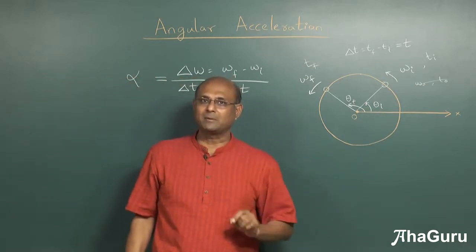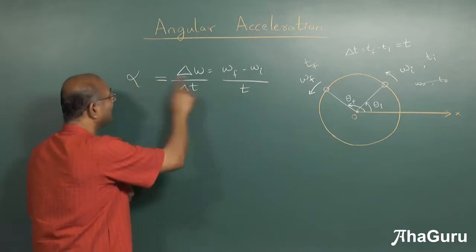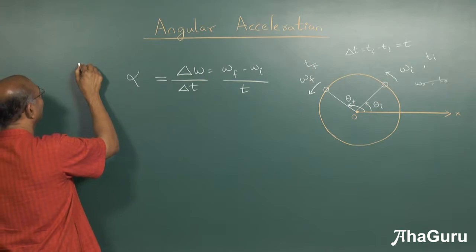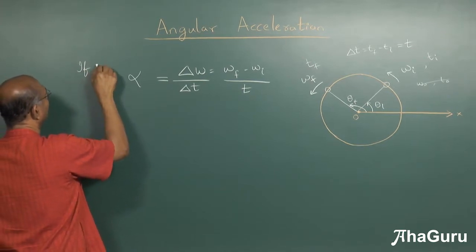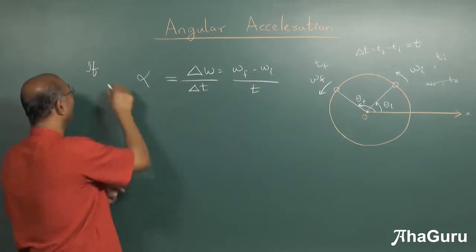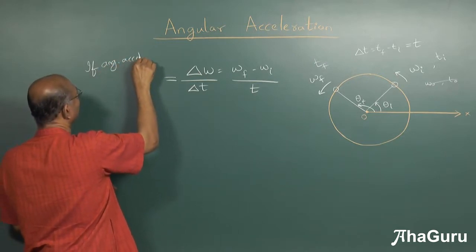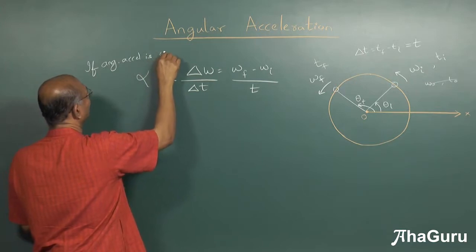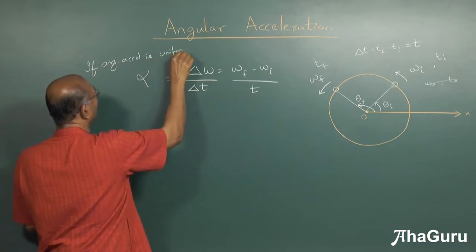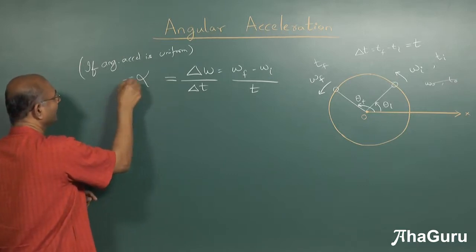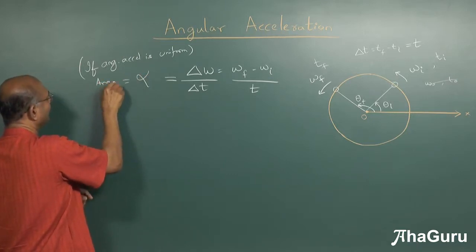Now there is a small problem that we need to keep in mind. I have made an assumption here, and the assumption is this is valid if the angular acceleration is constant or uniform. If it is uniform, then this quantity is called the angular acceleration.